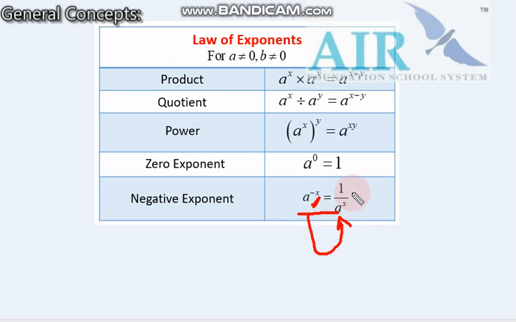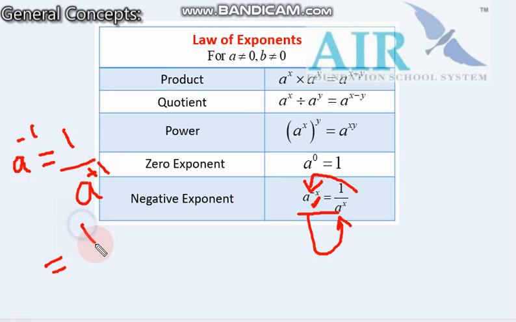Similarly, we can write 1 over a power x as a power minus x, vice versa of each other. Similarly, if you have a power minus 1, we can write it as 1 divided by a. In general, we do not write power 1, so it will be equal to 1 over a.